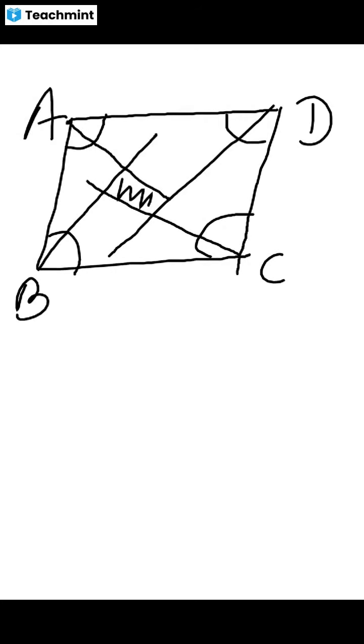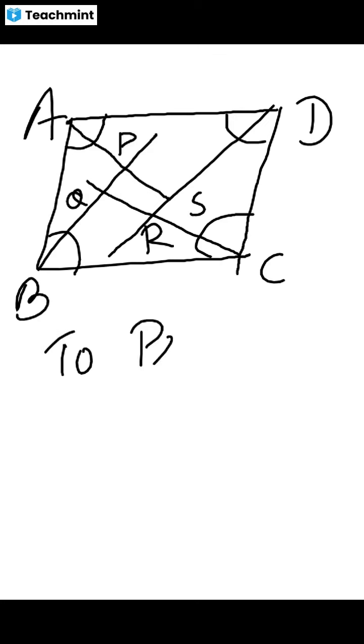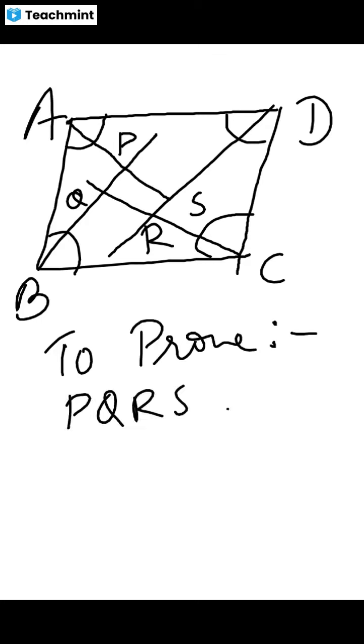I put these names: suppose this is P, Q, R, and S. To prove: PQRS is a rectangle.